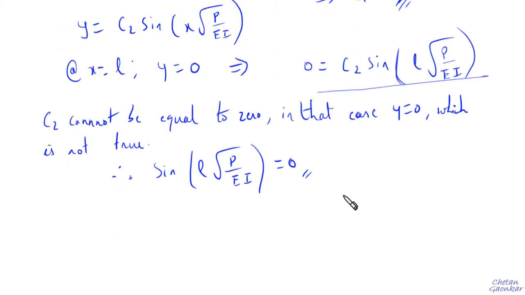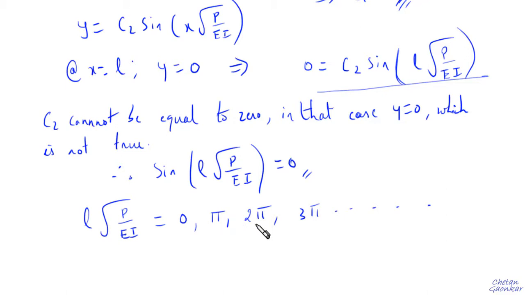Since this term is equal to 0, when can the sine of some angle be 0? This angle should be either equal to 0, or pi, or 2 pi, or 3 pi, and so on. So all these angles, 0 and multiples of pi, will give this value as 0.